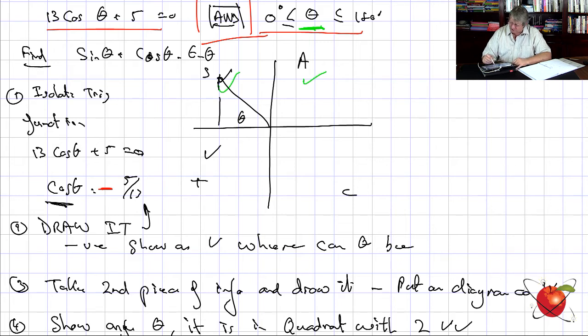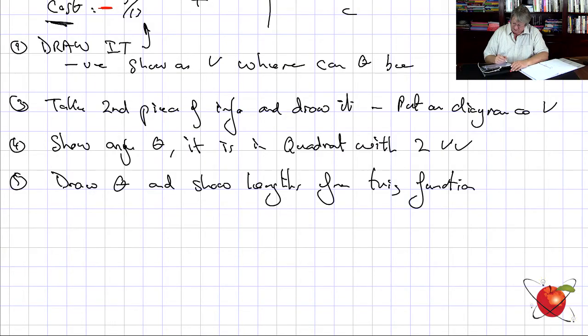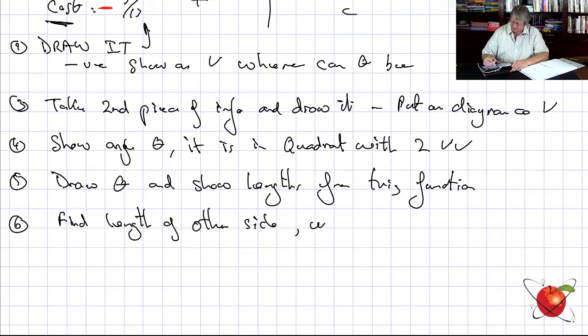And I know cosine is what? Cosine is adjacent over hypotenuse, which ties because it's minus 5 over plus 13. So this is now correct. Okay. Can you see the pattern? Okay. So I've got that. Then next, number 6, make sure I've got my black pen. Number 6 is find length of other side using Pythagoras.